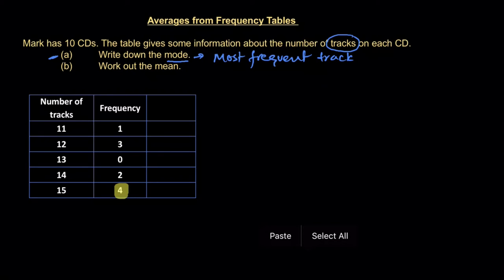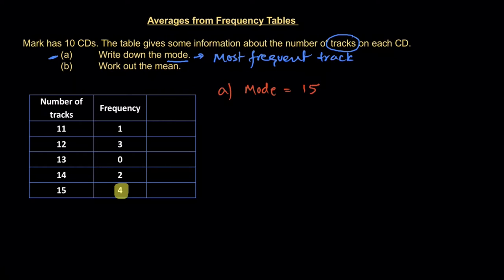So the most frequent number of tracks is 15. So I can say mode is equal to 15. You just look at the highest frequency, and the number opposite to it is called the mode.